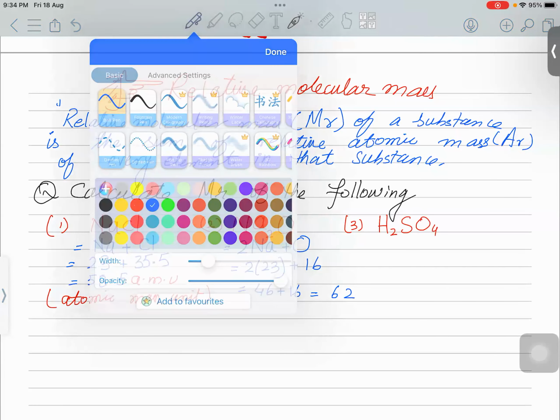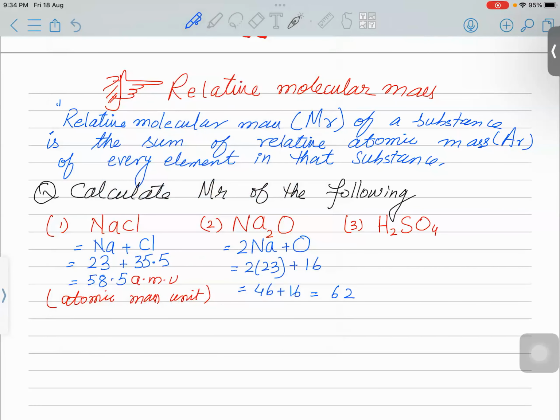Now H2SO4, right? H2SO4. Now tell me how many hydrogen? 2 hydrogen, 1 sulfur, and 4 oxygen. Now can you tell me AR of hydrogen?